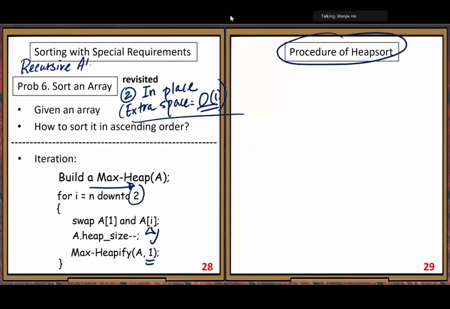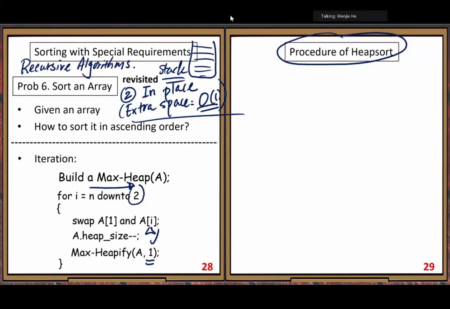In a recursive algorithm there is a very important internal process: you need to use a stack in main memory, and the stack could be very deep.